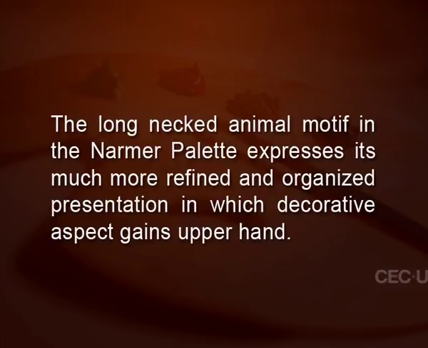The long-necked animal motif in the Narmer palette expresses a much more refined and organized presentation, in which the decorative aspect gains the upper hand. Further, it is interesting to note that the prehistoric composition of various animals put indiscriminately together gradually gave way to organized and balanced composition with horizontal, vertical and symmetrical arrangement of motifs.